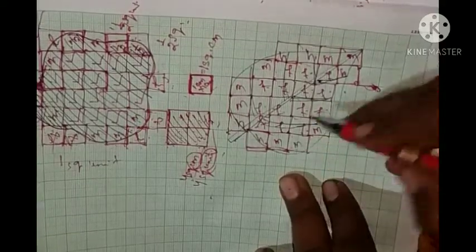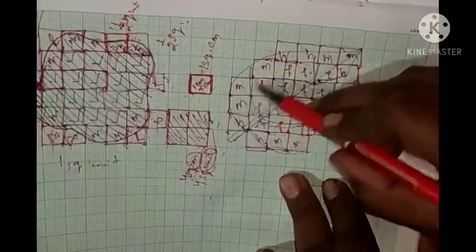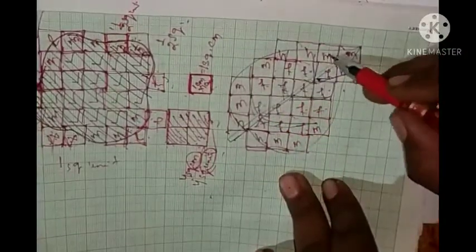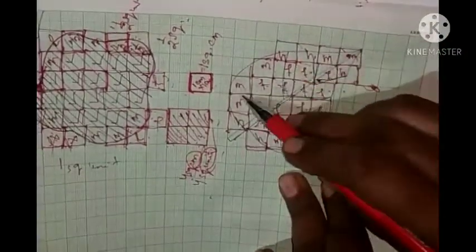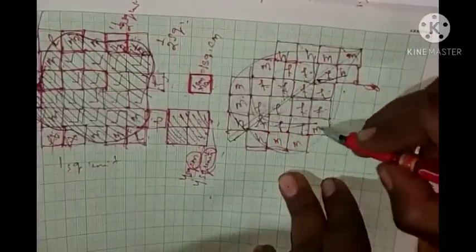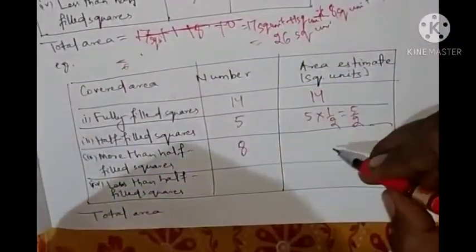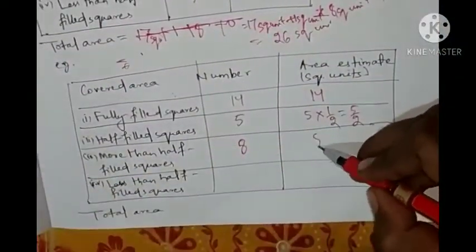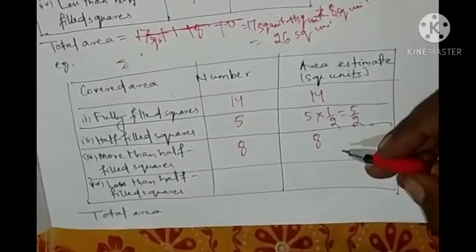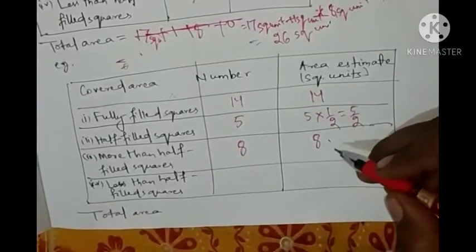So how many more than half filled? 1, 2, 3, 4, 5, 6, 7, 8. So 8 more than half filled. More than half filled means 1 square unit each. So 8 more than half filled means 8 square units.